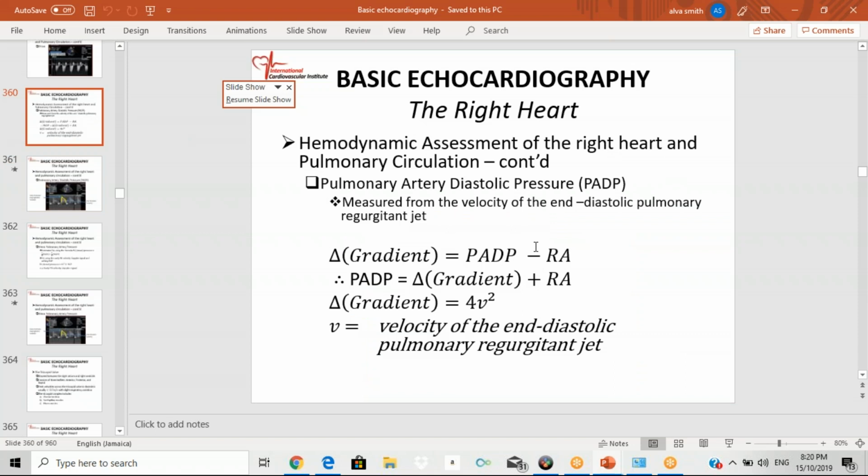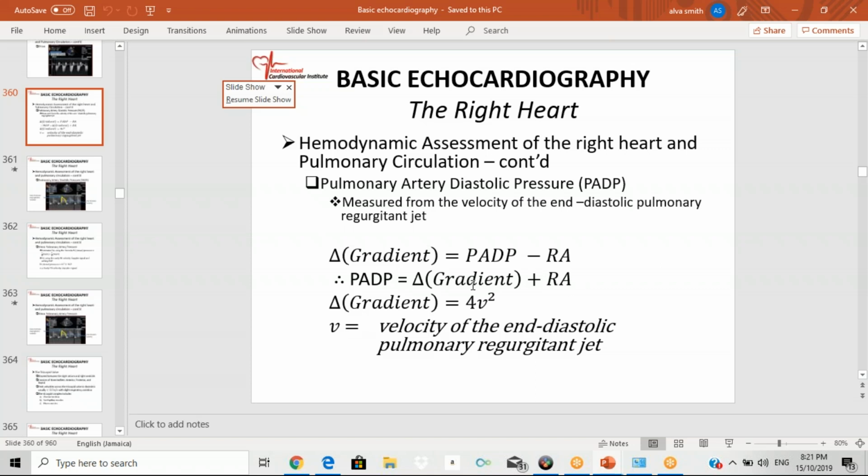And the reason why we have right atrial pressure is because your RV end diastolic pressure is the same thing as the right atrial pressure. So if you rearrange the equation, your pulmonary artery end diastolic pressure is equal to the gradient plus the right atrial pressure. Same right atrial pressure, we went over how to evaluate and get the right atrial pressure.